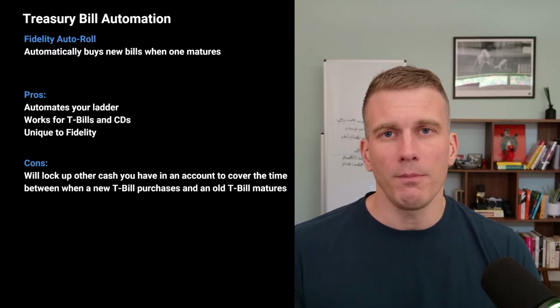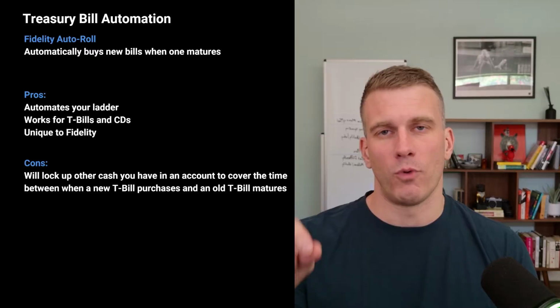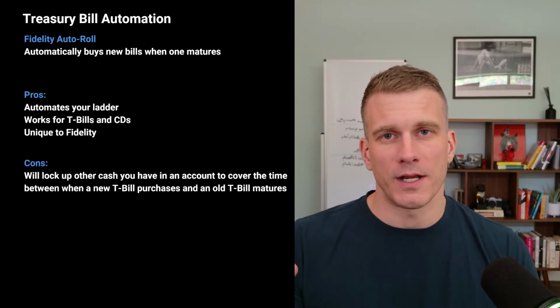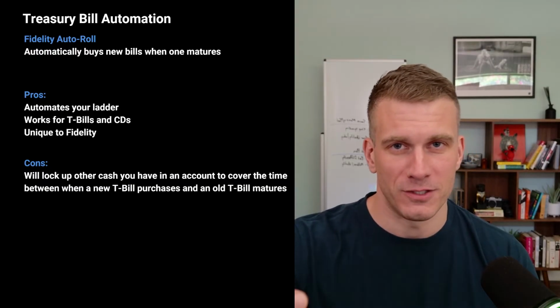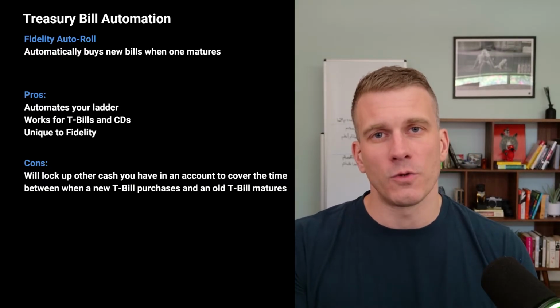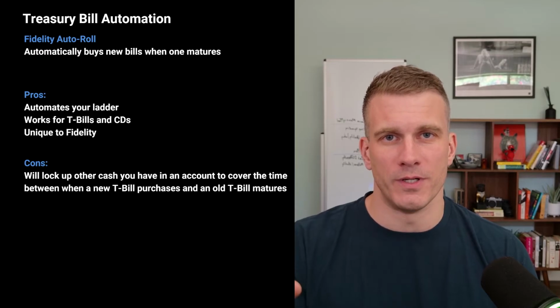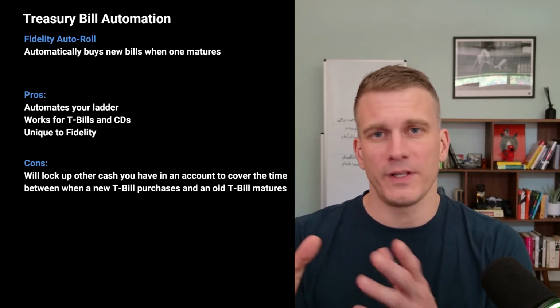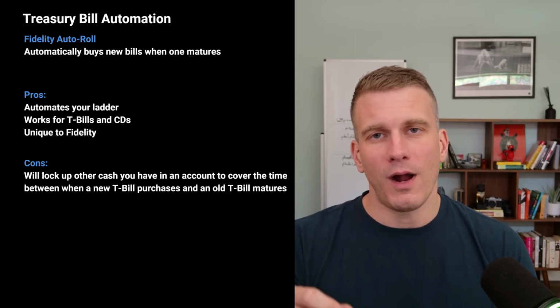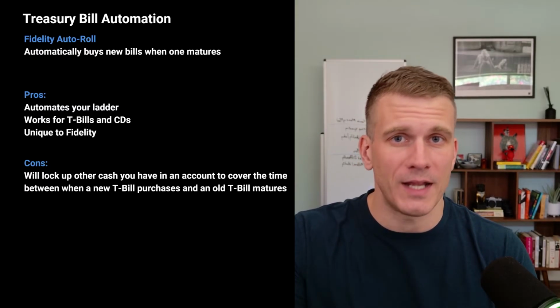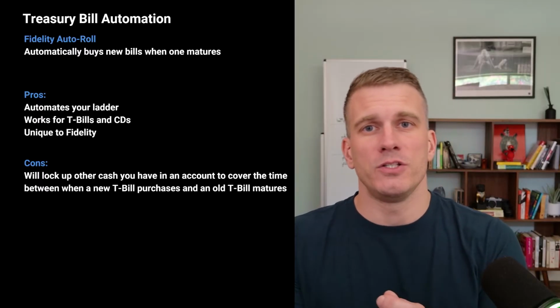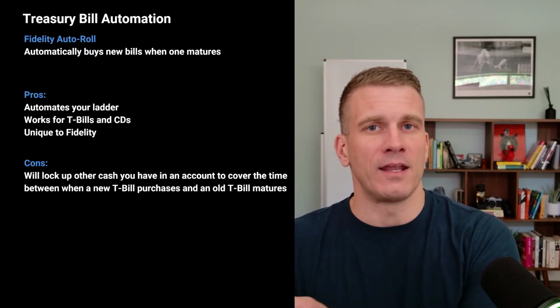So the problem is that when you have one treasury bill that is maturing, meaning you're waiting for the US government to send you the money back that you loaned to them, Fidelity is going to buy a new treasury bill, the same type, roughly in the same time period. The problem is that there can be a few days between when Fidelity buys the new treasury bill and you get money from the government back into your account.